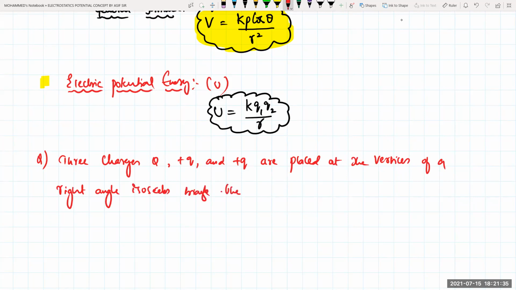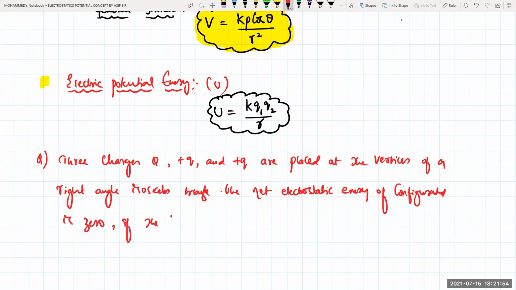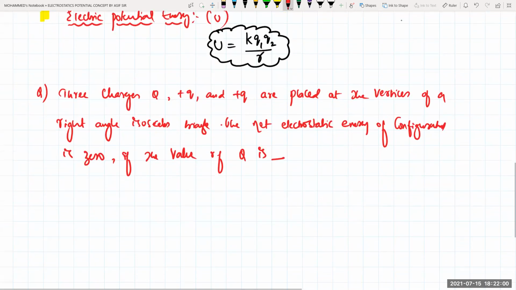The net electrostatic energy of the configuration is 0 if the value of Q is dash.